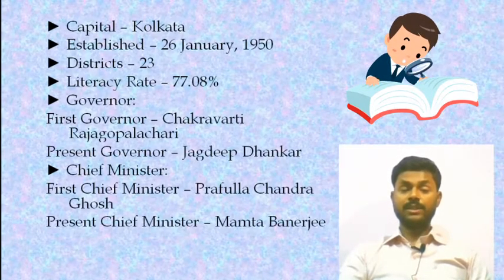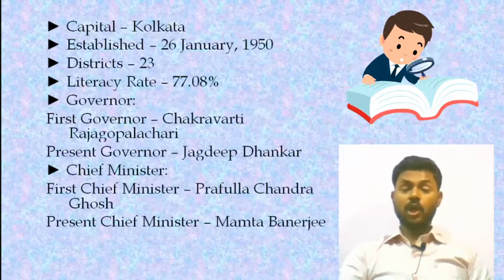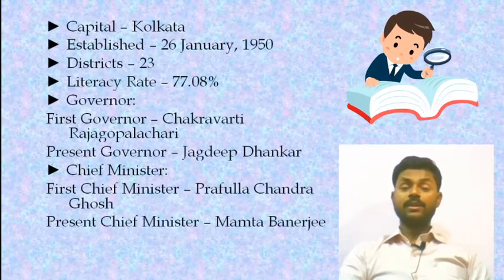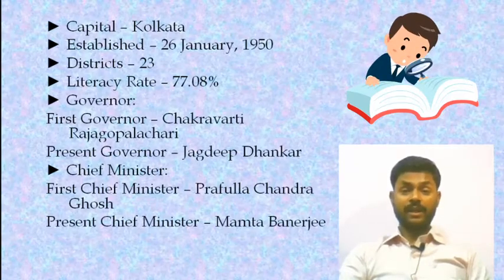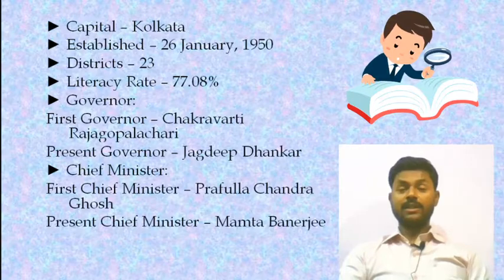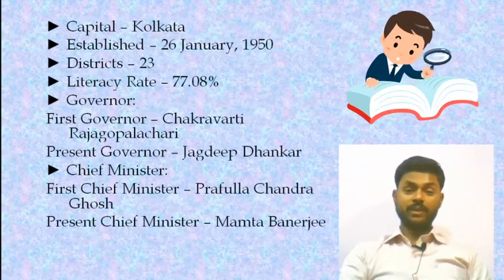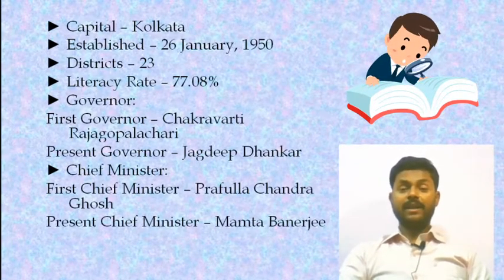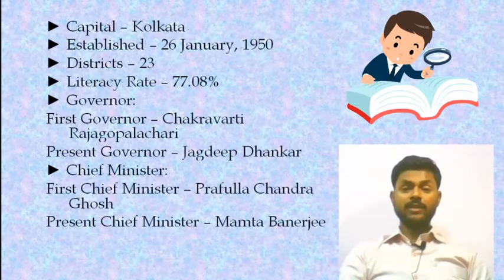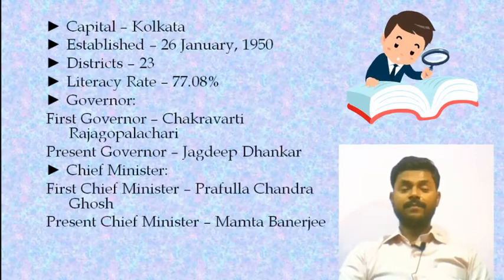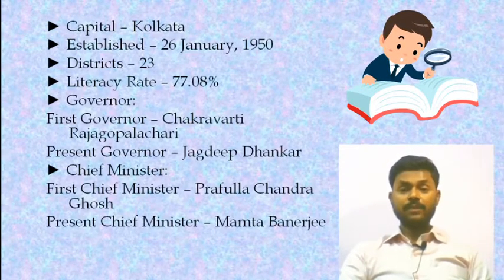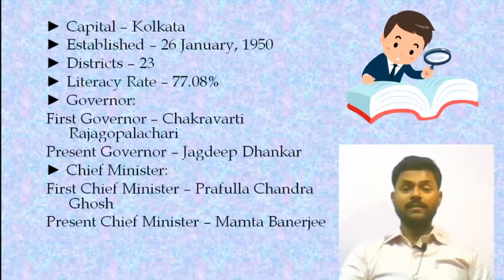Next important thing is, who is the present Chief Minister of West Bengal? Mamata Banerjee. Next important question is, who was the first Chief Minister of West Bengal? Your answer will be Prafulla Chandra Ghosh.